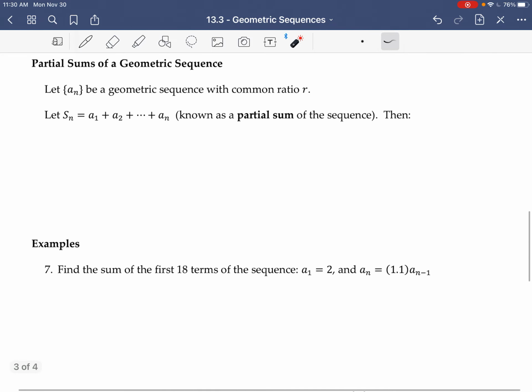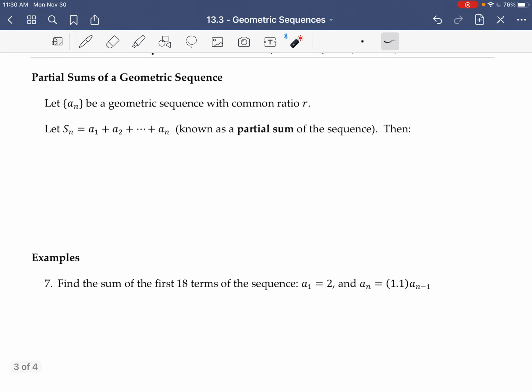Okay, so like again we did with arithmetic sequences, we often want to add up geometric sequences. So what we did for the arithmetic sequences is also known as a partial sum. So it's the sum from the first term to the nth term. So that's not the entire sequence, okay? That's only the first part of it. So we call that a partial sum.